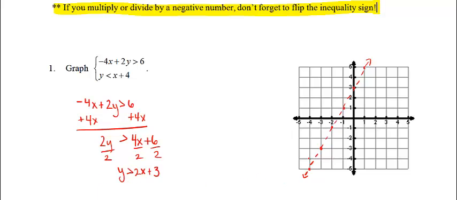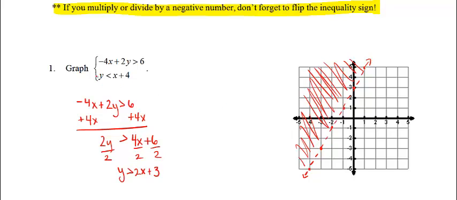And since it's greater than, I'm going to shade above. So I'm just going to shade very lightly the above. And I know it's above because I'm standing at 3, and above 3 would be 4 instead of 2. So up above is this region here.